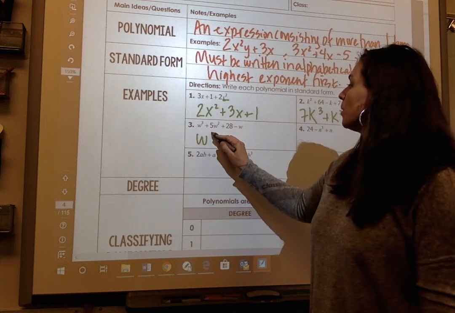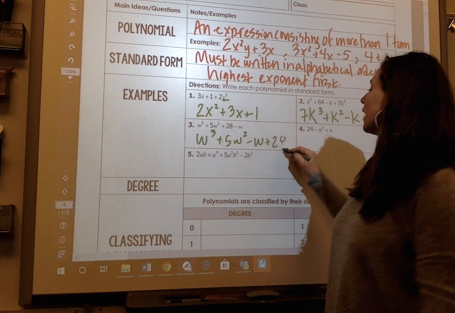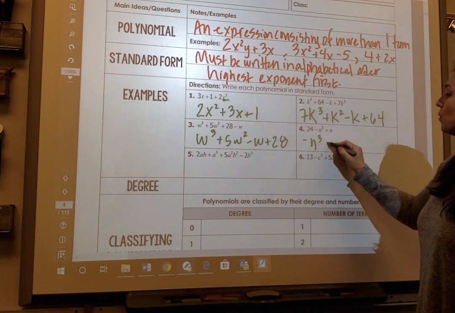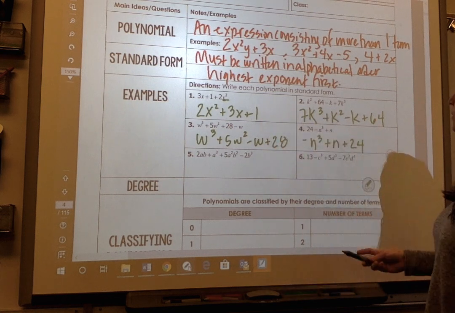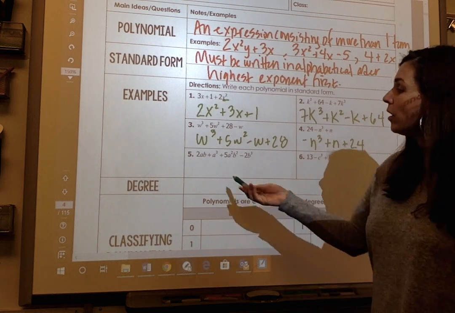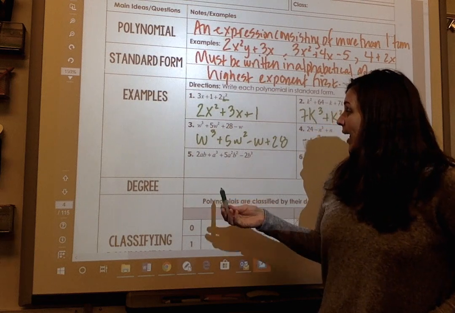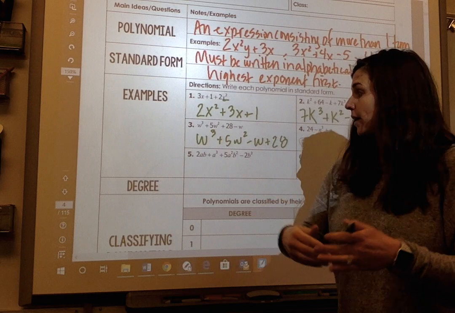Number 3 is w to the third plus 5w squared minus w plus 28. Number 4, negative n cubed plus n plus 24. And again, notice your constant term is always last, greatest degree first, and then down the line. Now, look at number 5. You've got an A and a B. And so it's alphabetical order. That supersedes the degree.